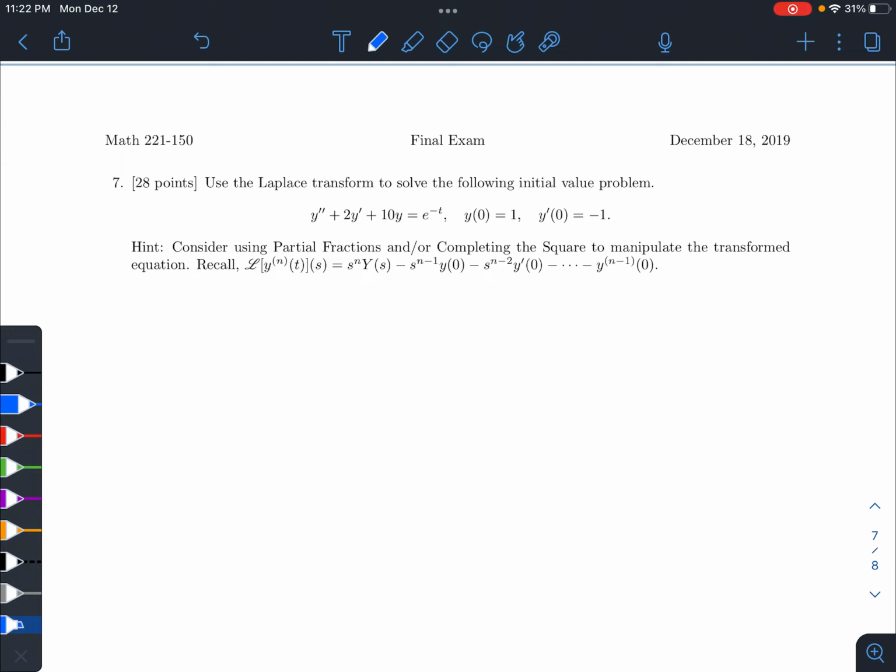Use Laplace transforms to solve the following IVP. Wonderful. All right. So we do L of the left-hand side equals L of the right-hand side.